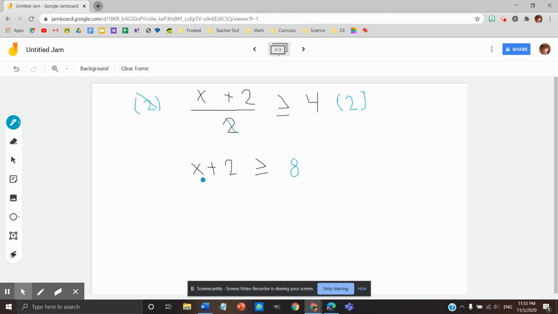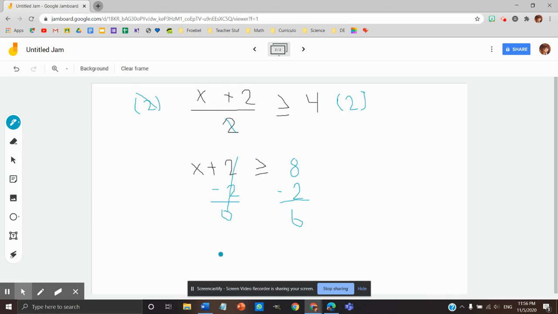Now, my x, my variable, is still not all by itself. I have to take that 2 away. So if it's being added to, I have to subtract 2, right? And what I do on one side, I have to do on the other one. Positive 2 minus 2 is 0, so this gets canceled. And 8 minus 2 is 6.